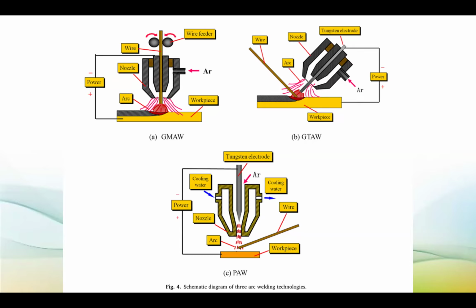In gas tungsten arc welding, the system will not consume the electrode. The electrode will be retained, it will not be melted. Additional filler wire will be melted. And in plasma arc welding, the entire system is different. There, the electric arc is used for creating plasma gas, and the heat of that plasma gas is used for melting the filler wire.